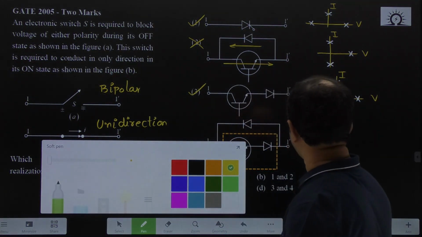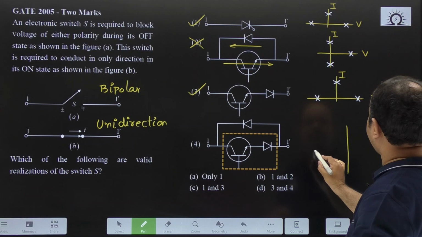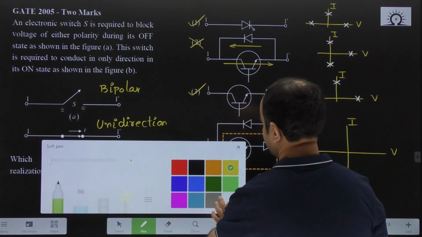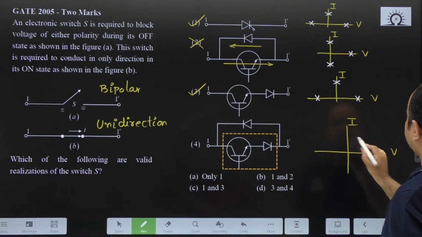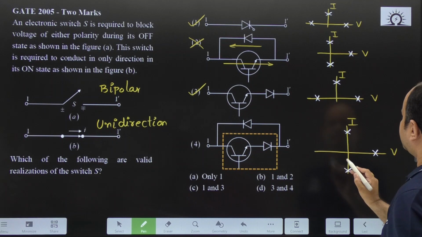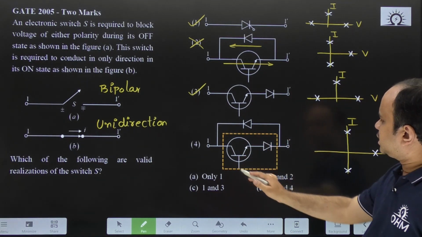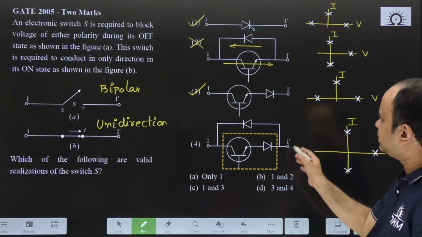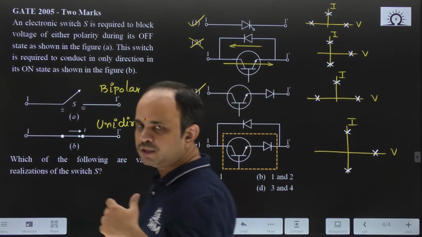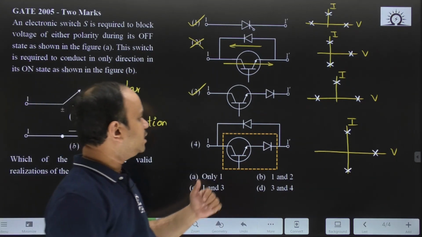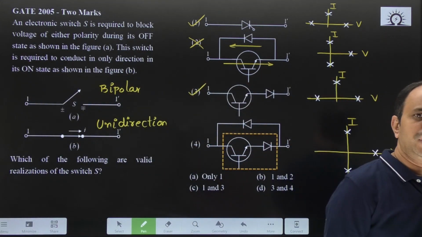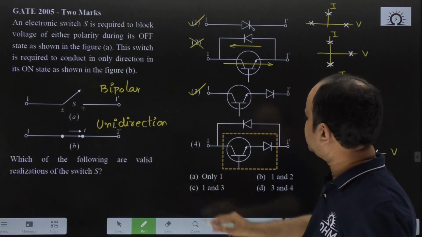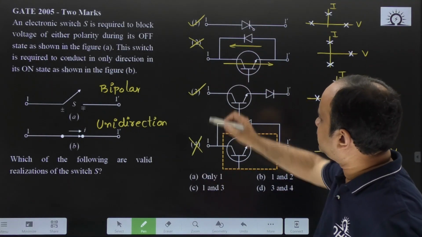Therefore, this particular device will simply behave as a unipolar and bidirectional switch. Okay. Strictly speaking, SCR will block voltage of both polarities. Whenever the diode is connected in anti-parallel, it will miss that feature and it will get a new feature, that current will flow in the reverse direction. Therefore, the correct answer for this question is options 1 and 3.